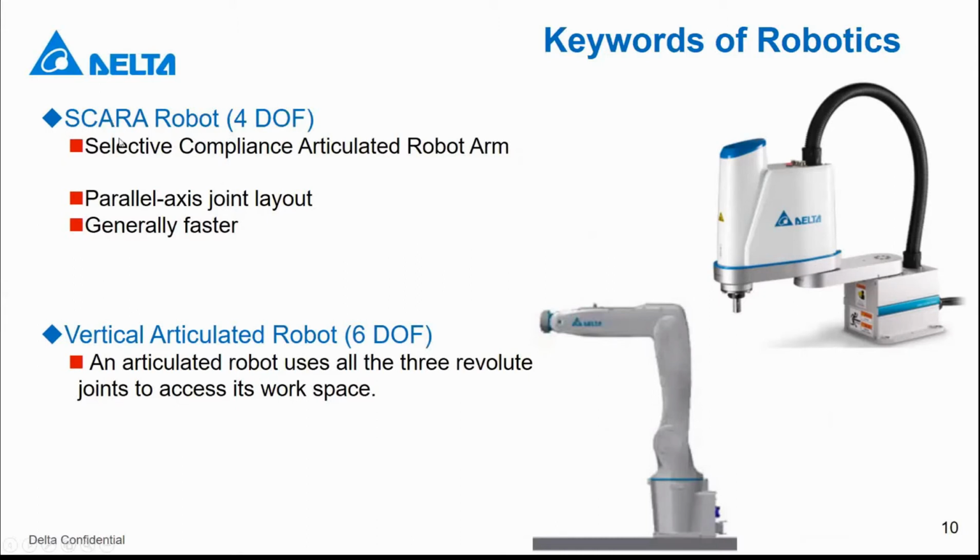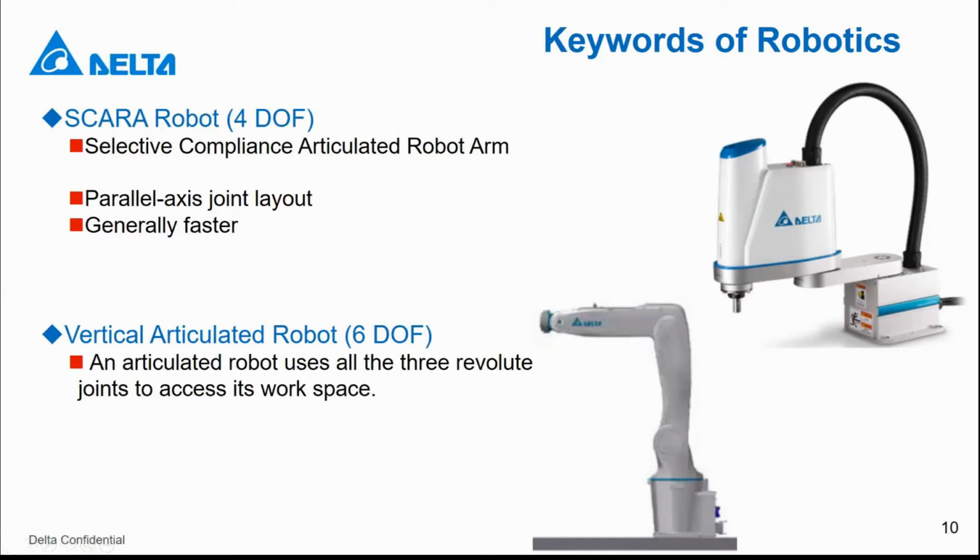SCARA stands for Selective Compliance Articulated Robot Arm. Why do we call it Selective Compliance? Because in the 4 degrees of freedom, the end effector can only have compliance in the XY plane.